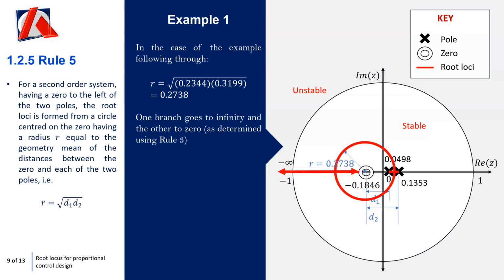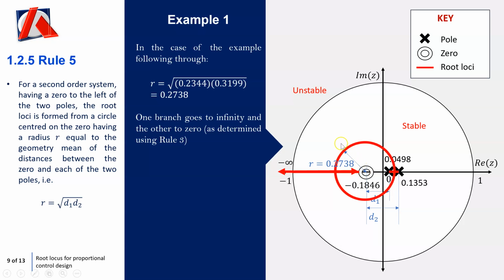So the final rule that we're considering within this lecture, there is another one, is effectively to determine the radius of the circle. The radius of the circle is effectively the path of the root loci when it breaks away from the 2 poles, and this is formed as a circle around the 0.